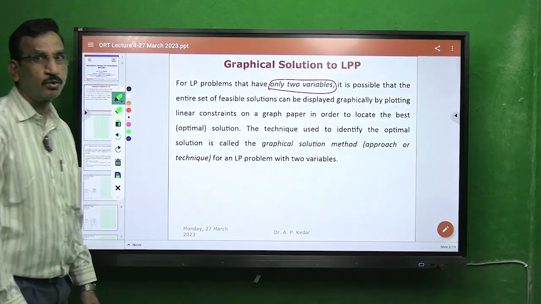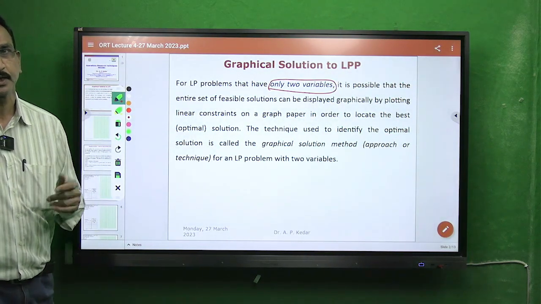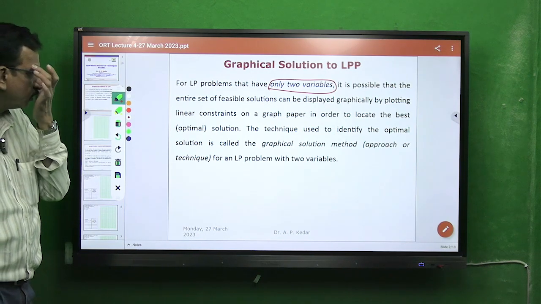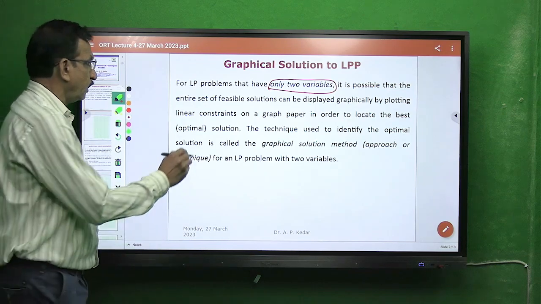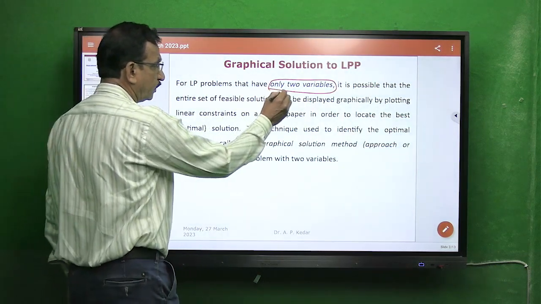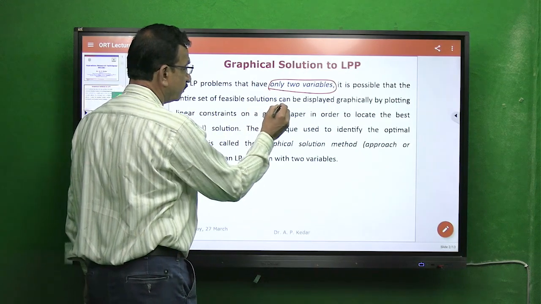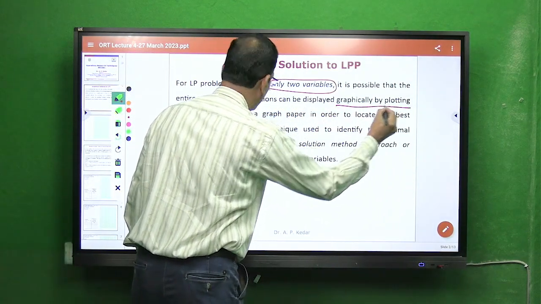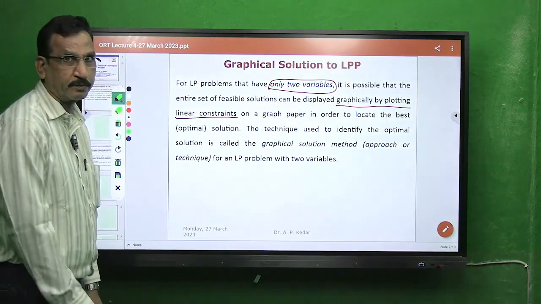That is, two decision variables. We have assumed let x1 and x2 be the number of decision variables for objective function, whatever quantity we are producing. For LP problems that have only two variables, it is possible that the entire set of feasible solutions can be displayed graphically by plotting linear constraints on graph paper.